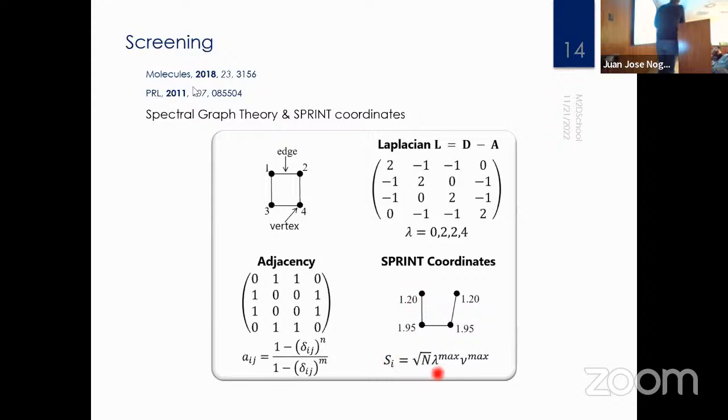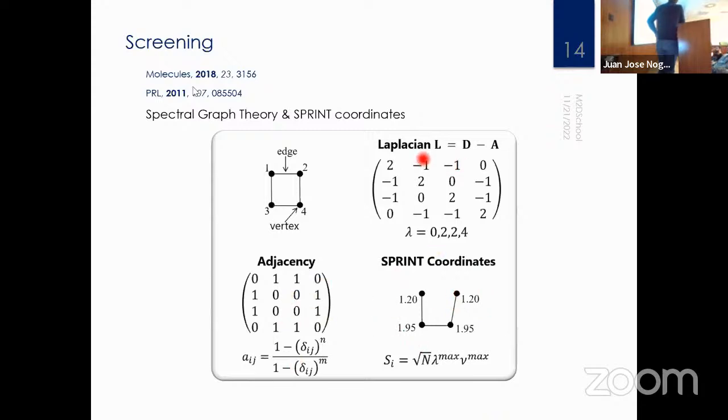They can be constructed from the maximum eigenvalue and the corresponding eigenvector of the adjacency matrix. Again, they are invariant with respect to translations, rotations, and permutations of like atoms. This is interesting for MD simulations because there can be scrambling of atoms, hydrogen atoms for instance. So we use the eigenvalues of these objects for the comparison.